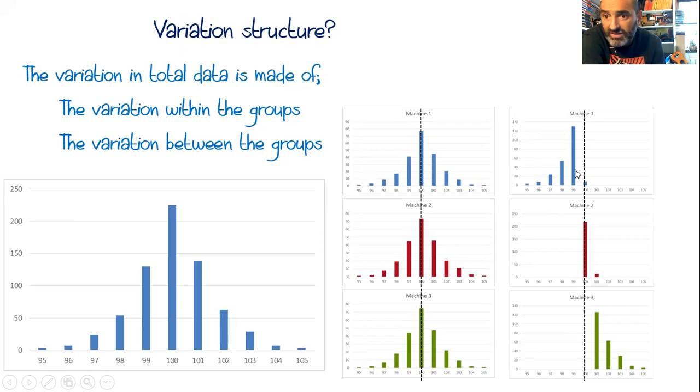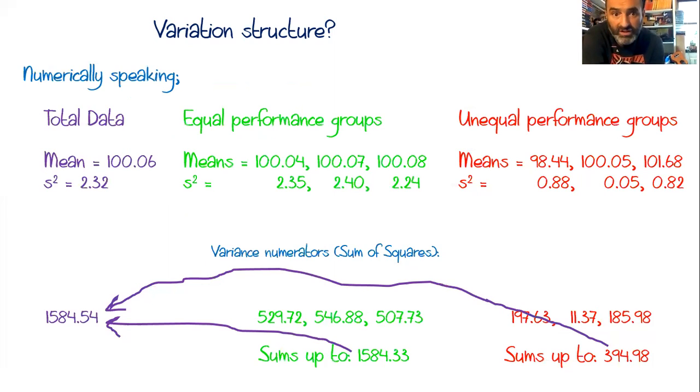And xi minus that arithmetic mean squared for each value, then sum up, then you find the variance numerator for this, which is the sum of squares. Do the same for this one, do the same for that one, then sum up all those three things. And then you get the within group variation. Okay, this is the between group variation.